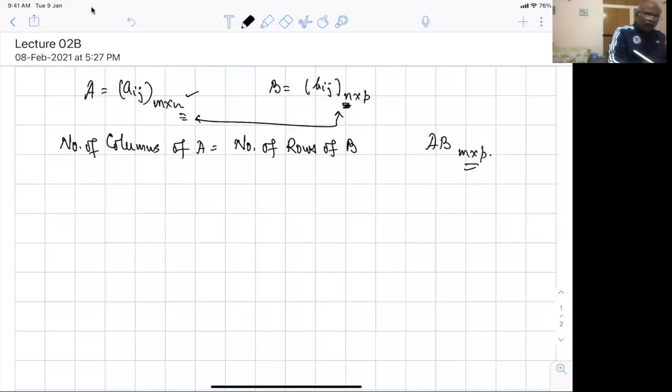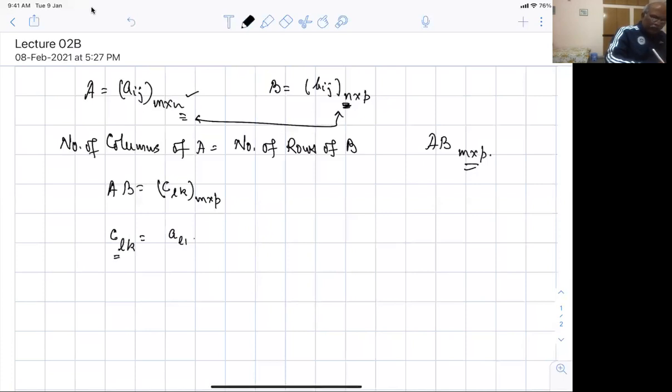Fine. And what is the entry that you would like to see? So if I write AB as Clk, which is of size M cross P, I would like to see what Clk is. Clk will be equal to, you have to look at Al1, where l is here.